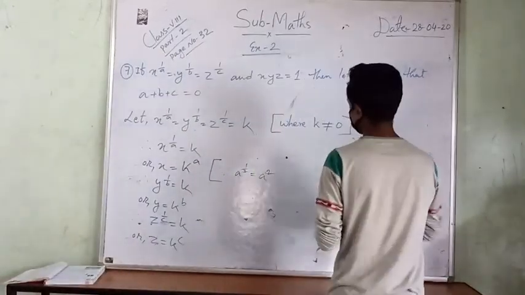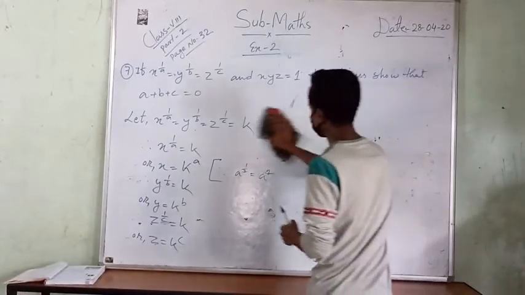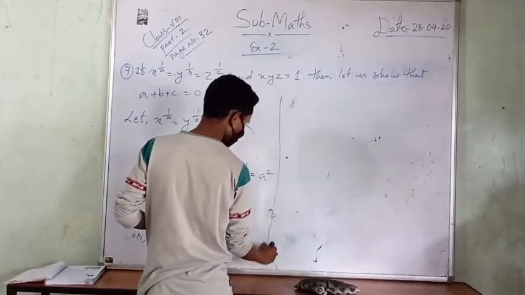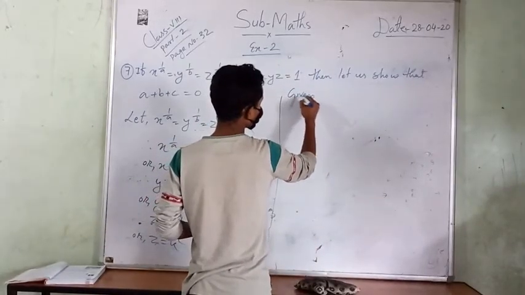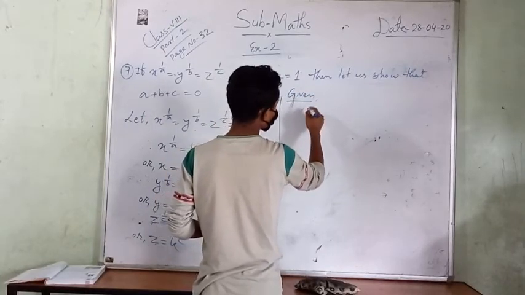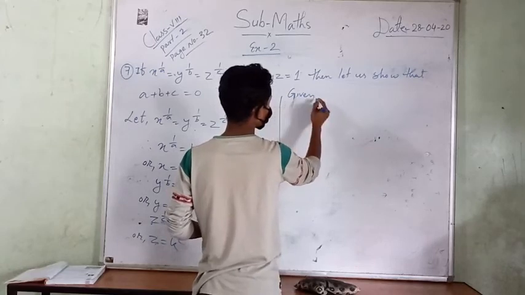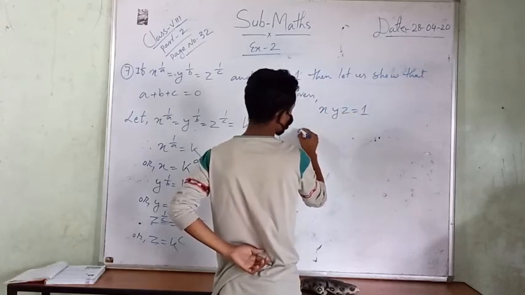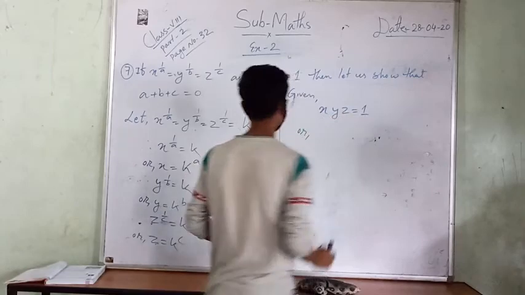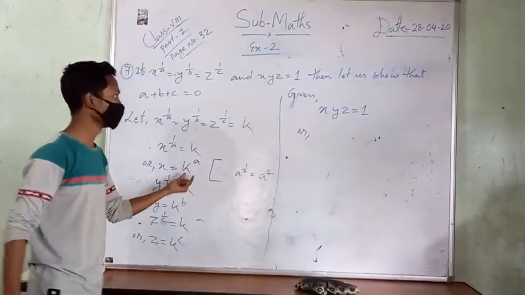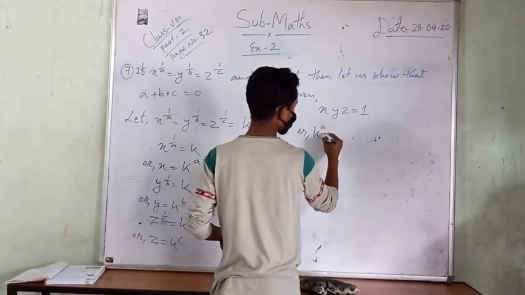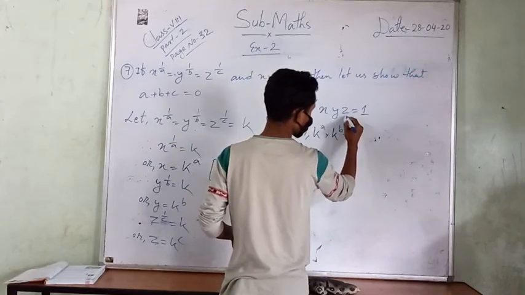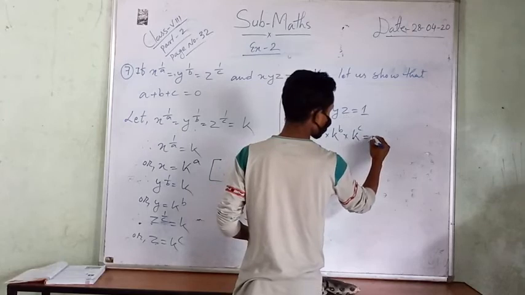Now what is given? Given xyz equals 1. So the value of x is k to the power a, into the value of y is k to the power b, into the value of z is k to the power c, equals 1.